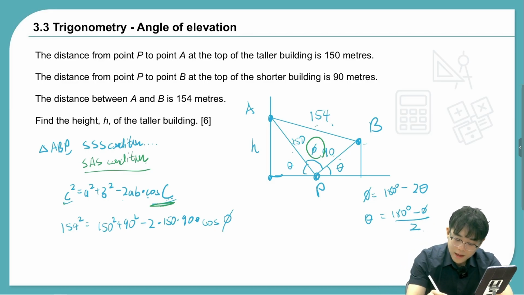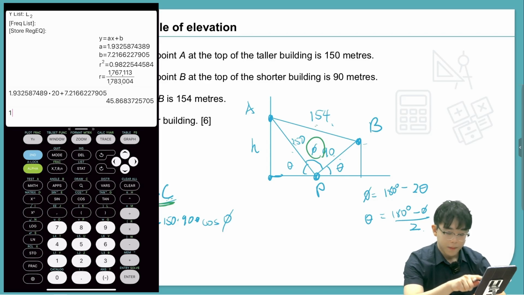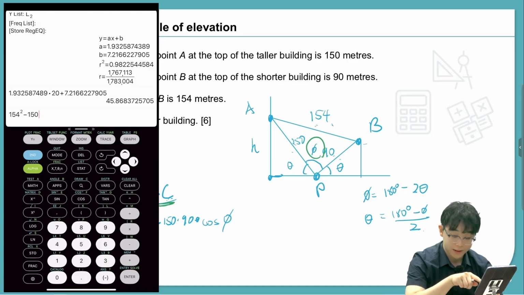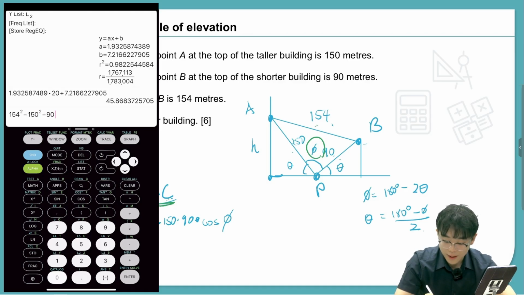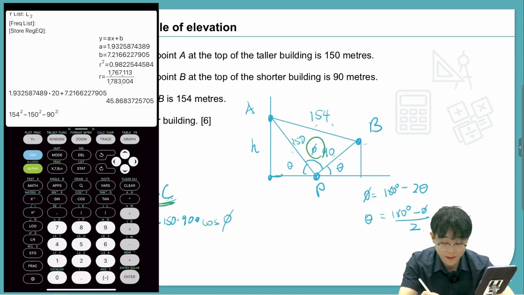So if you were to isolate cosine phi, we could go for 154 squared minus 150 squared minus 90 squared, and that would leave us with negative 2 times 150 times 90 times cosine phi. So negative 2 times 150 times 90 times cosine phi is going to be 154 squared minus 150 squared minus 90 squared.